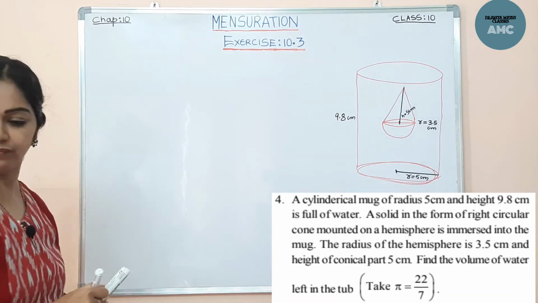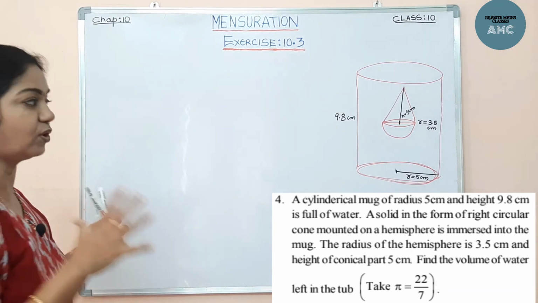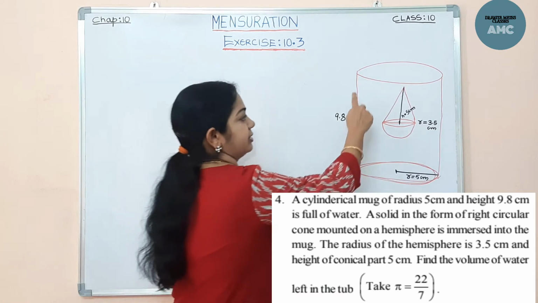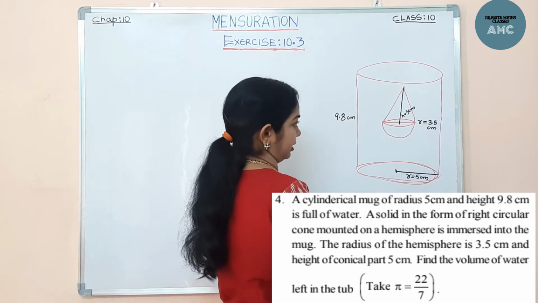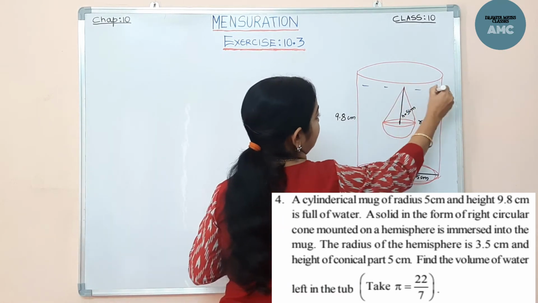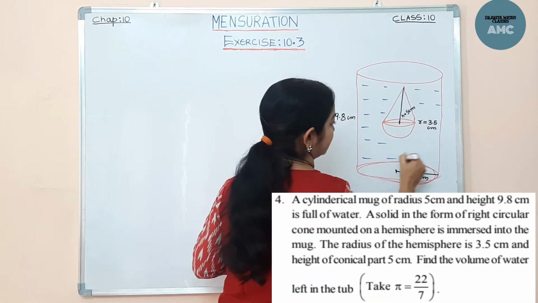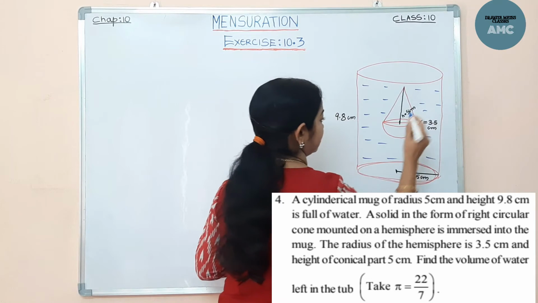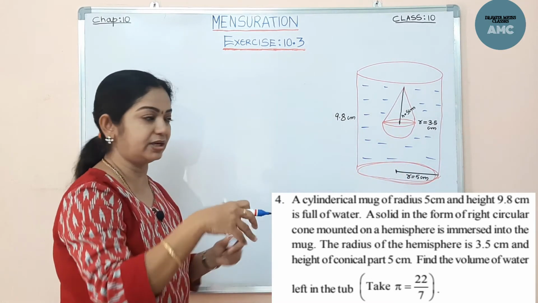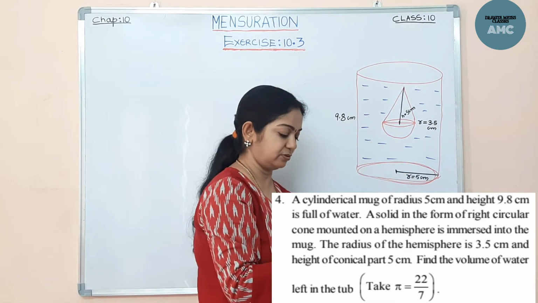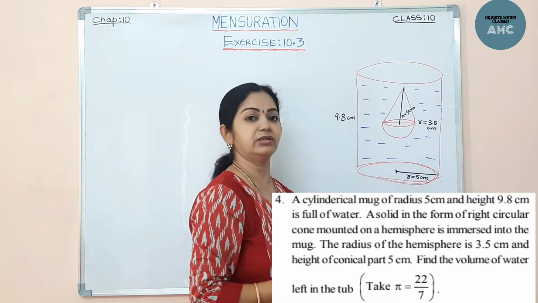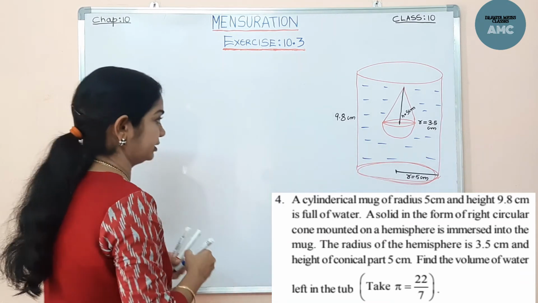Now for what is to be asked, find the volume of the water left in the tub. So this is completely filled with water. If you see here, this is completely filled with water. Now after immersing the solid, some water is being spilled out. And the leftover water we have to find out here.